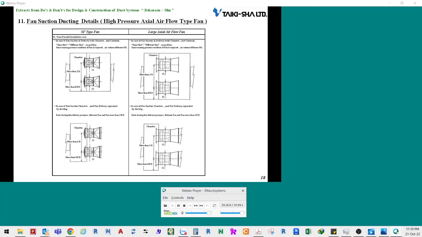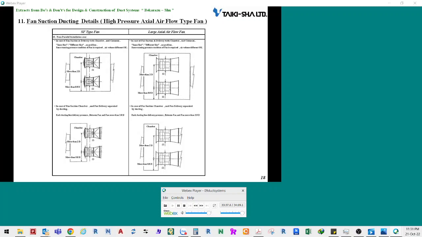You must be careful when you design a duct to be connected to a high static pressure type axial flow fan. Consult with manufacturers to determine the proper shape of ducts. In particular, note that although NJA axial flow fans save energy due to their high efficiency, fan blades may break and fly out of the fans.